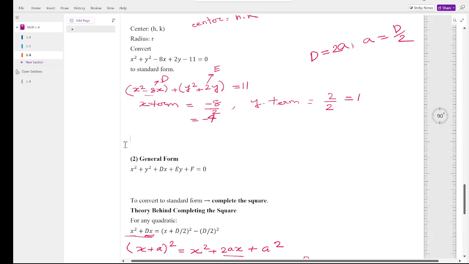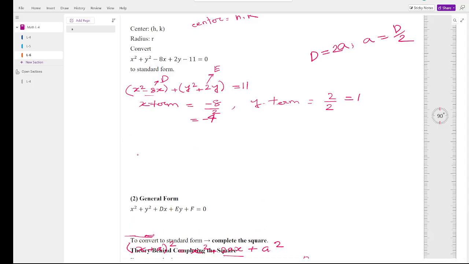Now add inside (x minus 4) whole square plus (y plus 1) whole square equal to 11 plus 16 plus 1, because 4 square equals 16, 1 square equals 1, and we have already 11.